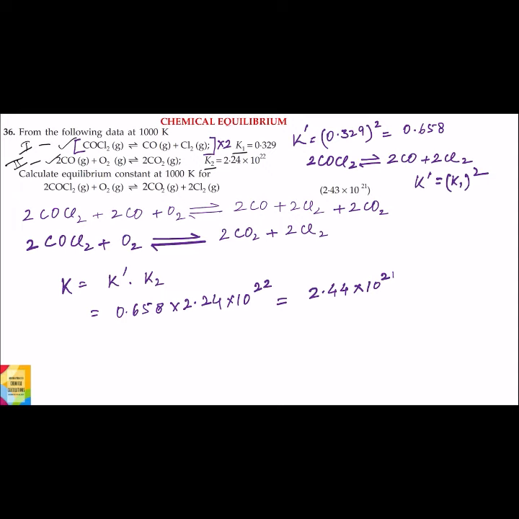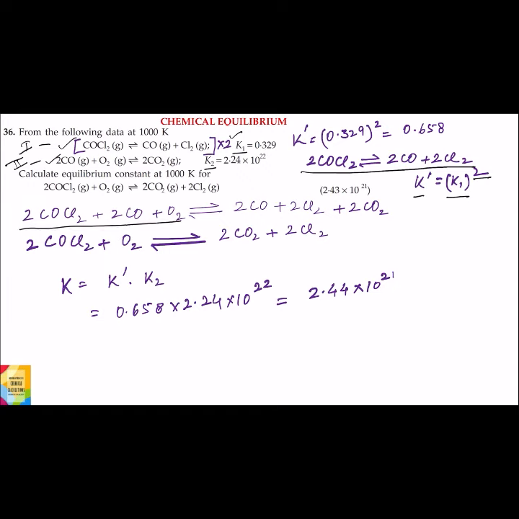So here the equation is multiplied by 2, so the value of K1 will be raised to the power 2, and the value of the equilibrium constant for this new equation, in which all the reactants and products are multiplied by 2, will be K dash, which is equal to K1 raised to the power 2.